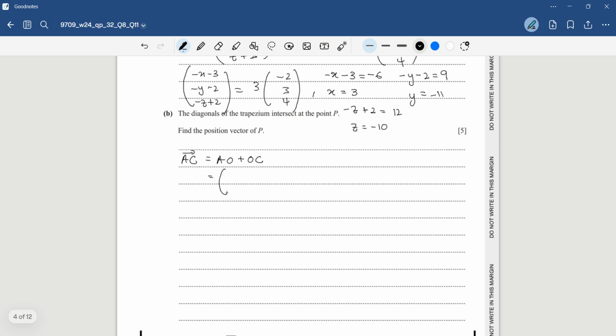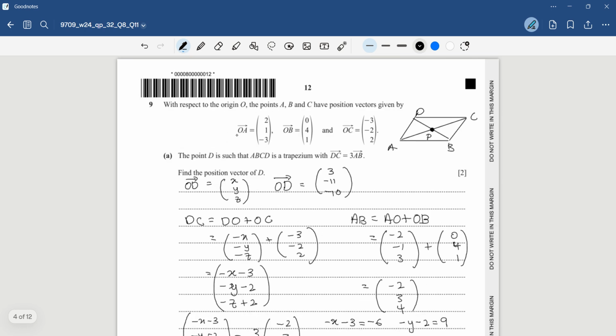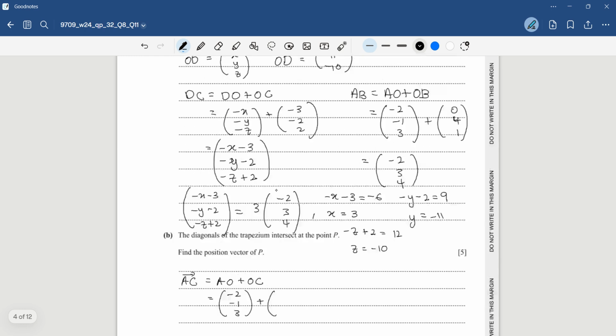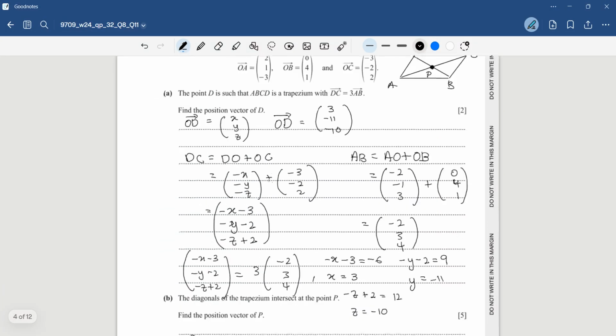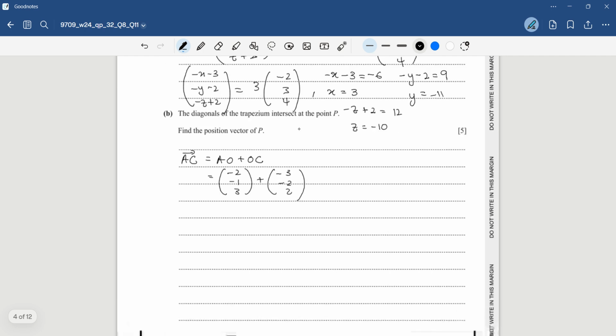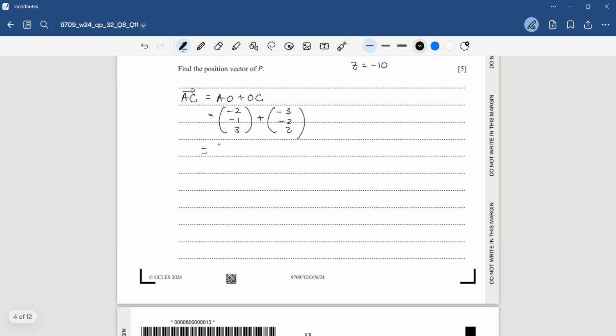AO is negative 2, negative 1, 3, plus OC, which is negative 3, negative 2, 2. Correct? Yeah. So it's going to be negative 5, negative 3, 5.